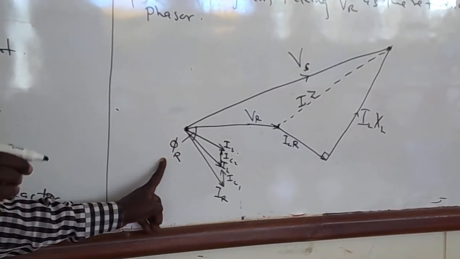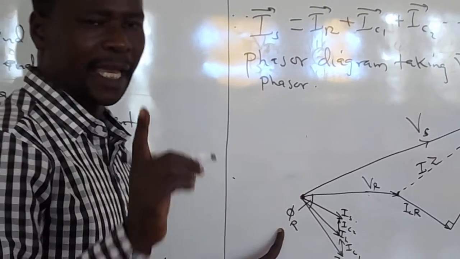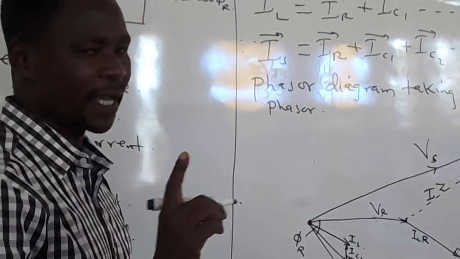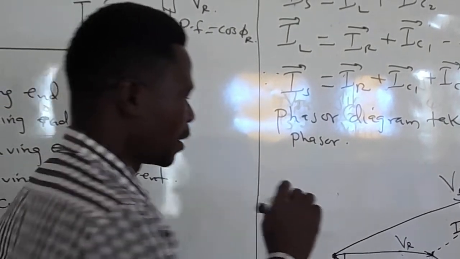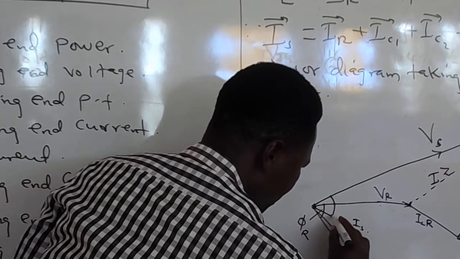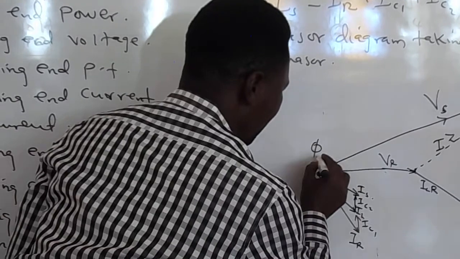The sending end power factor will be equivalent to cos phi s, where phi s is the angle between Vs and Is.